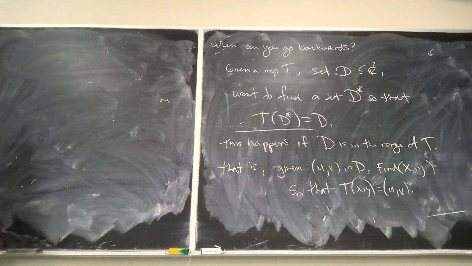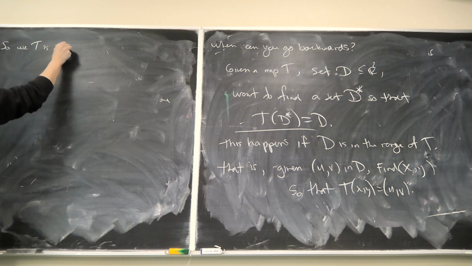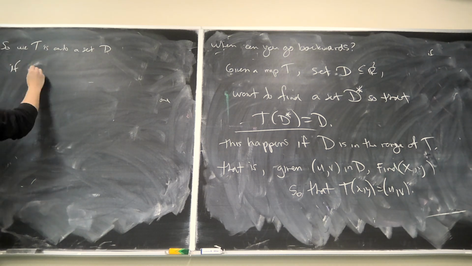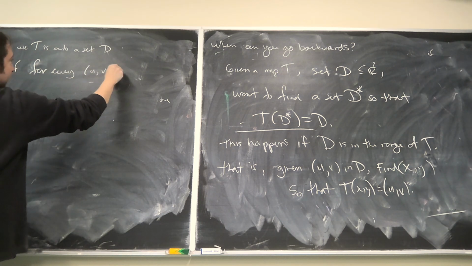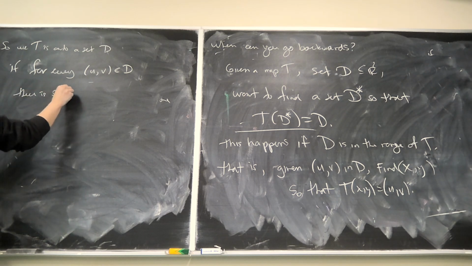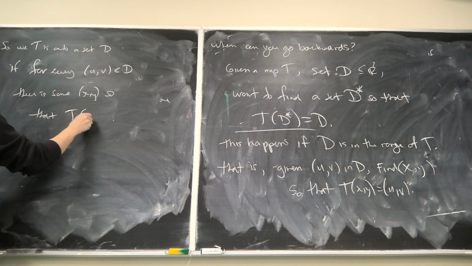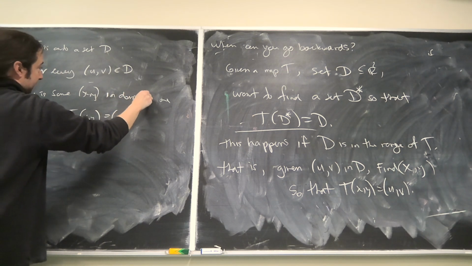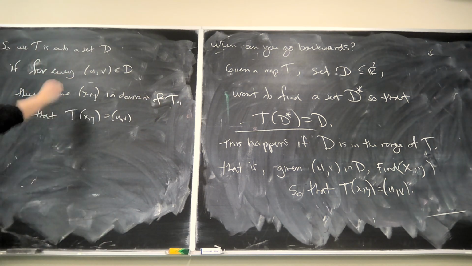A function is always onto its range, but we say T is onto a set D if for every U and V in D, there is some X and Y in the domain of T so that T of X and Y is equal to U and V. So that's onto.